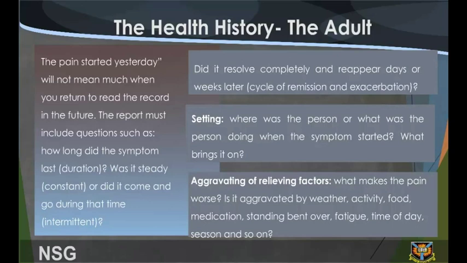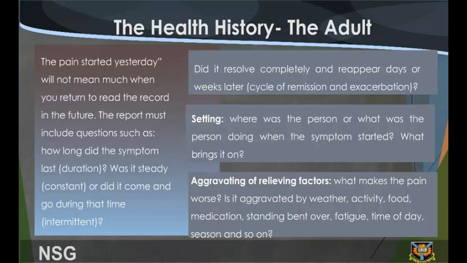The report must include questions such as how long did the symptom last? Duration. Was it steady, constant, or did it come and go during that time? Intermittent. Did it resolve completely and reappear days or weeks later? Cycle of remission and exacerbation.